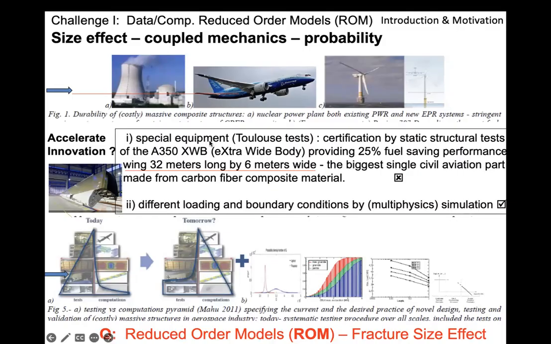And you cannot do the testing, because what they call the Toulouse test is a static test of a wing which is as big as 32 meters long and 6 meters wide, and you do statics. So this is not the same size that you really want, nor is it the same loading, because the loading is typically a flat instability where you might have damage of these structures. And then you understand what you really tested and what is reality. And you have to do this.